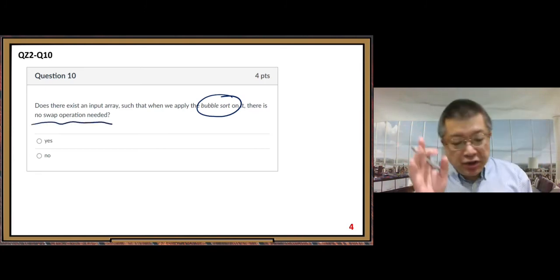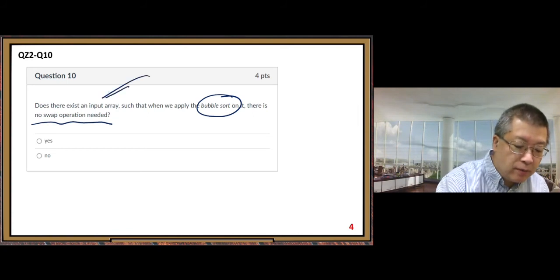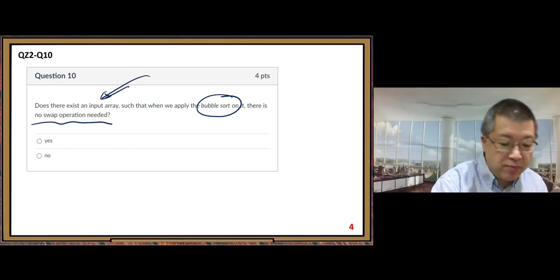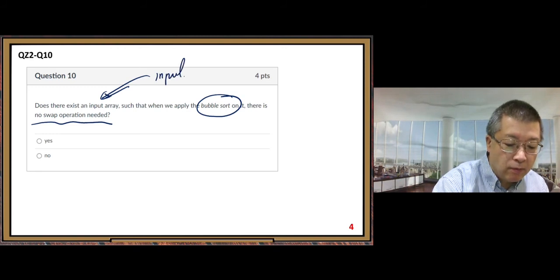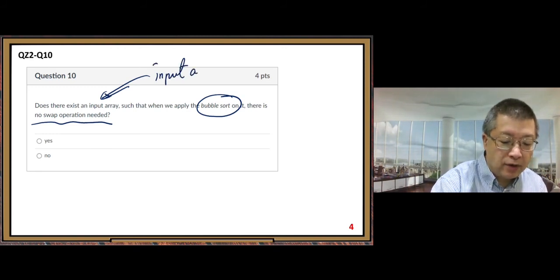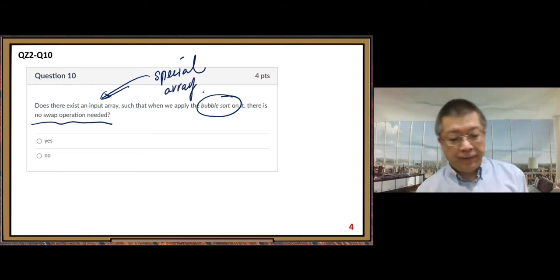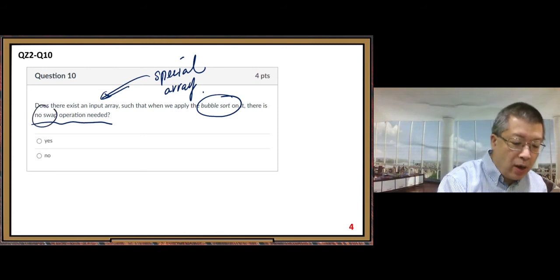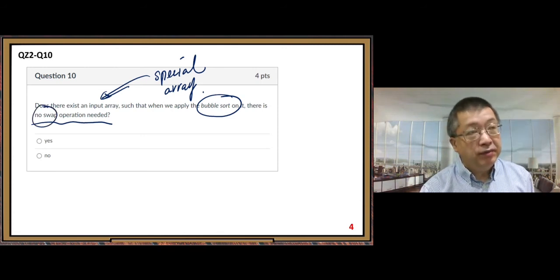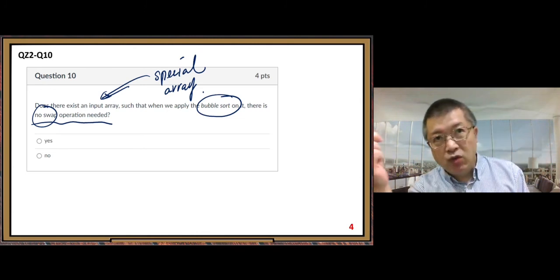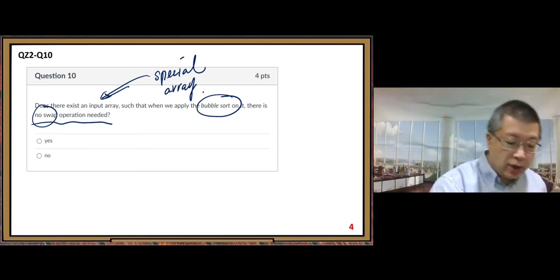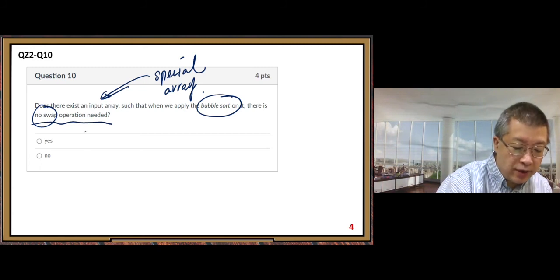Can you imagine a special input? You need to find that special input array. What special array do you need here? No swap operation needed. We know that in bubble sort we need to do swap operations.